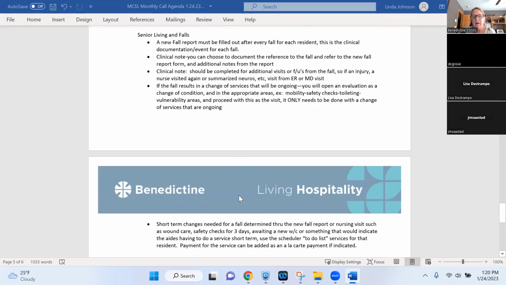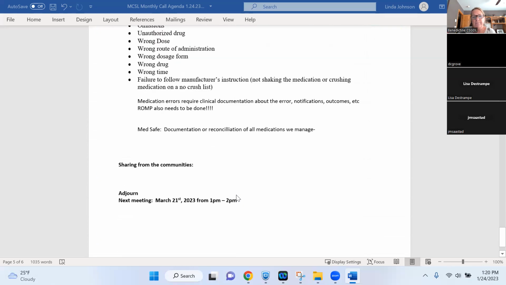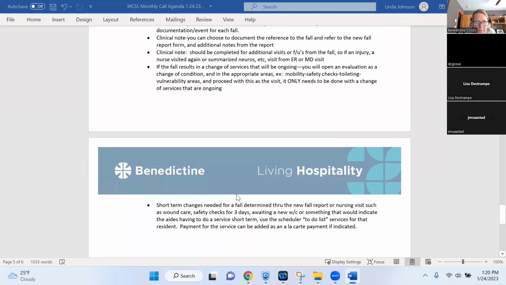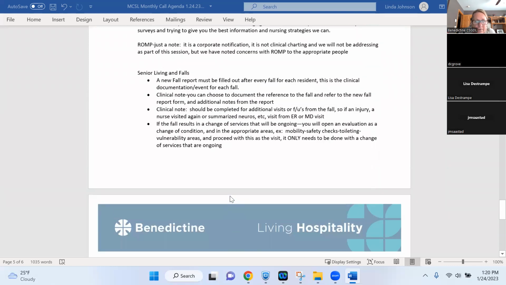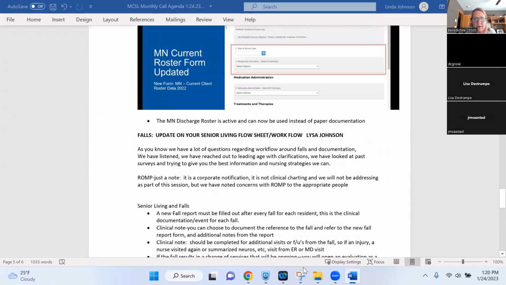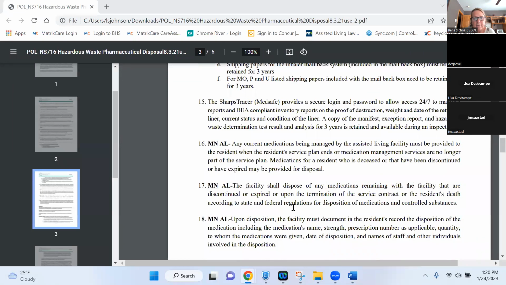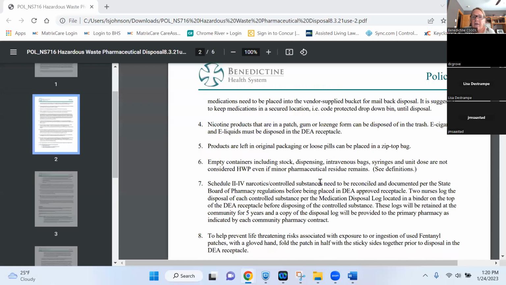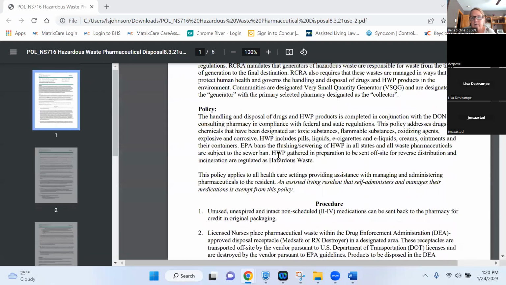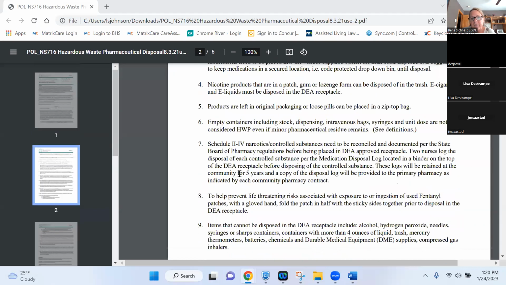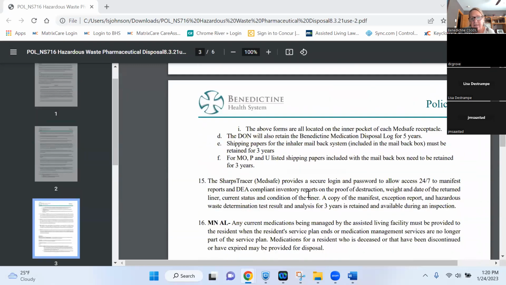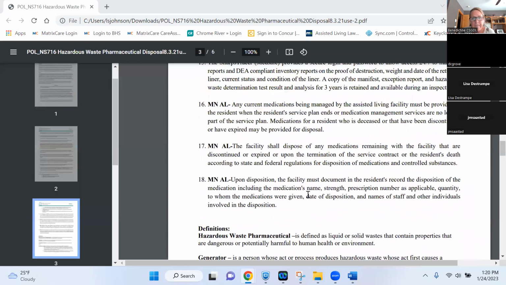And what we found out as we're doing our MedSafe communities, we were taught when MedSafe came about that we didn't have to document any meds going into MedSafe, and we didn't have to document when we destroyed them, but that is not true for assisted living, especially Minnesota.